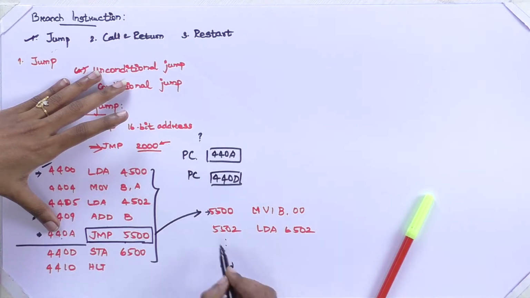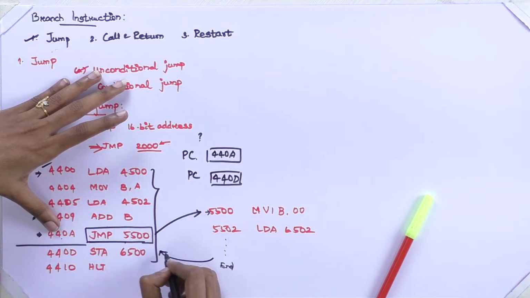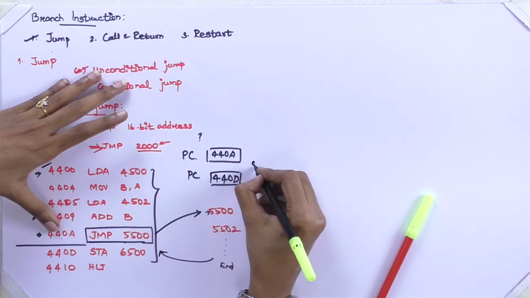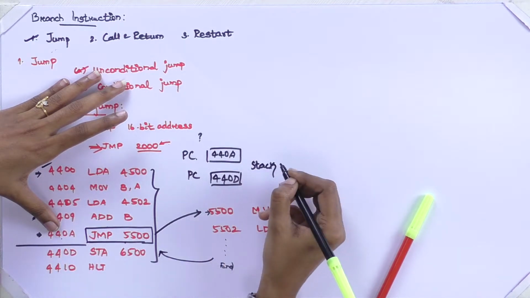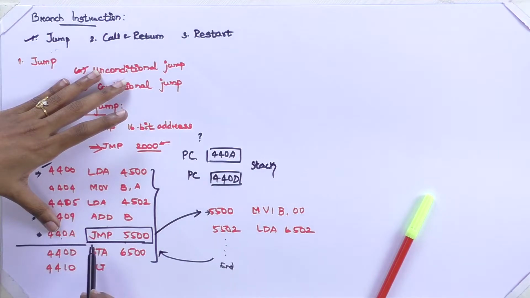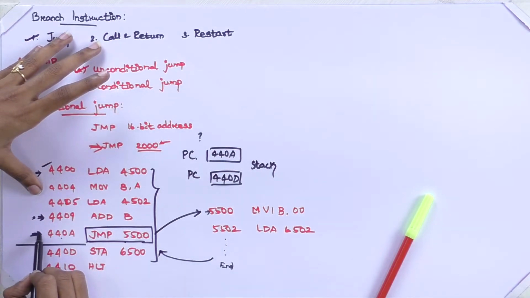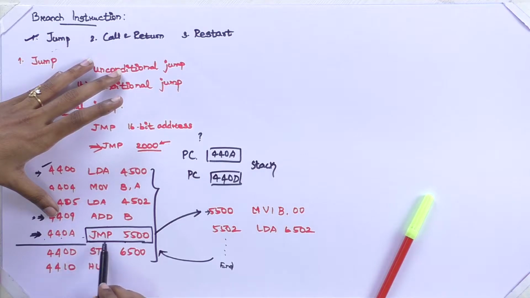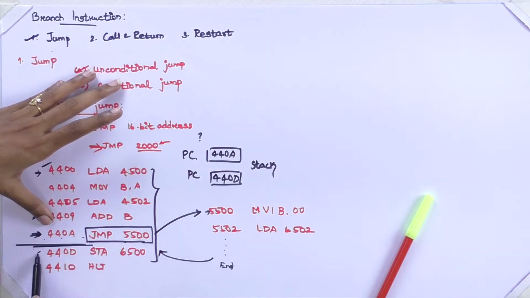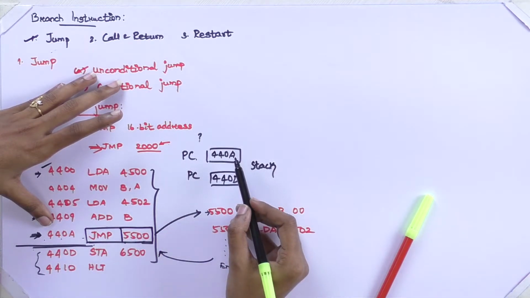Once this end is over, it will return to this instruction. How does it know? It will know from the stack. We will see later how it returns. For now, just know that once the processor comes here, it literally stops the execution and jumps to the address 5500. So this is how the jump instruction works.